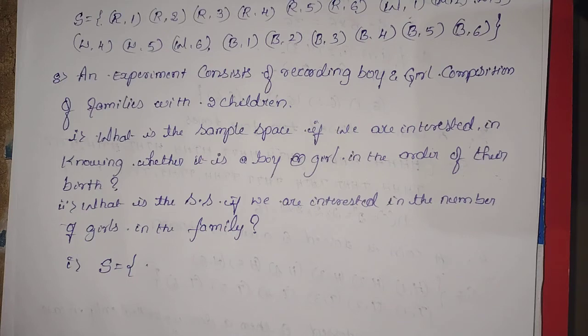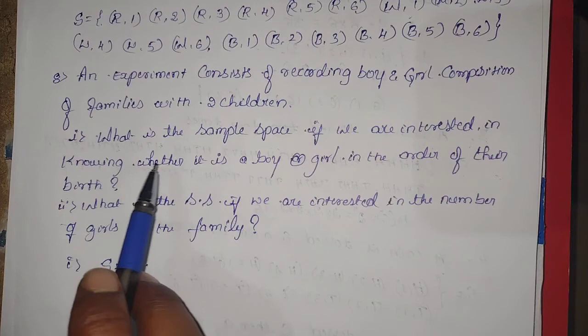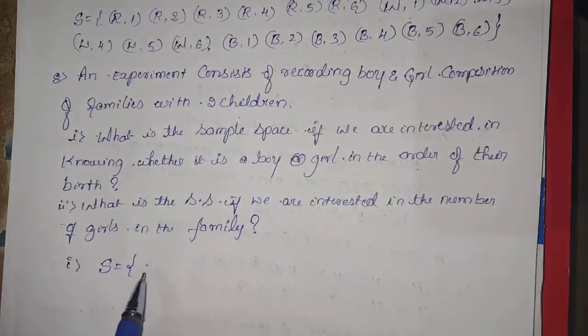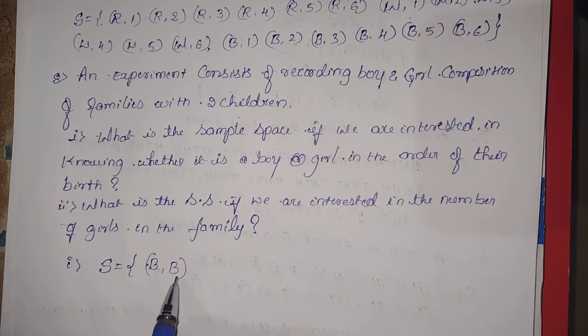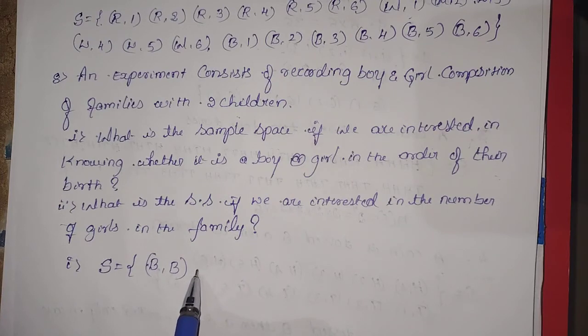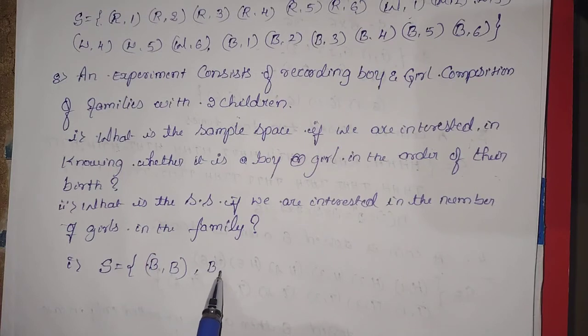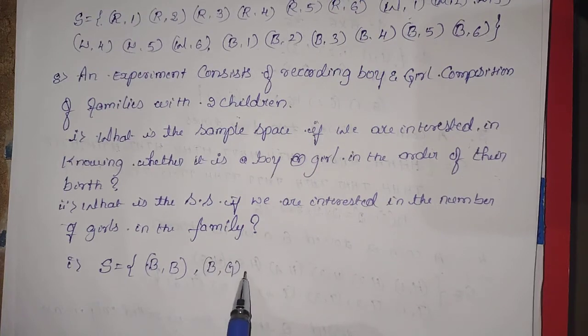Understood? Then how do we write the sample space for the first question? A family containing 2 children means like this. Maybe the first one is a boy, the second is also a boy. Then what are the possibilities? The next possibility, maybe first born is a boy, the second one is a girl.